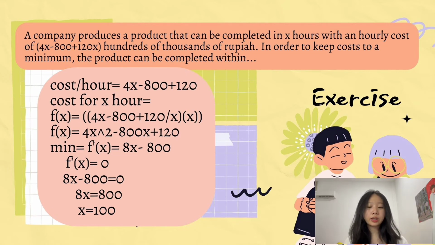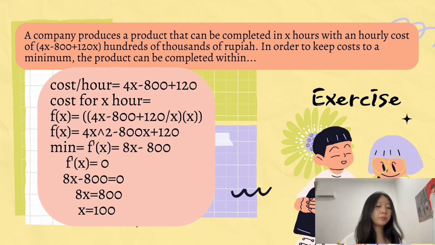For f(x) itself, we have to multiply it by the number of hours, so 4x minus 800 plus 120 divided by x, times x. So every term of the cost per hour equation is multiplied by x.